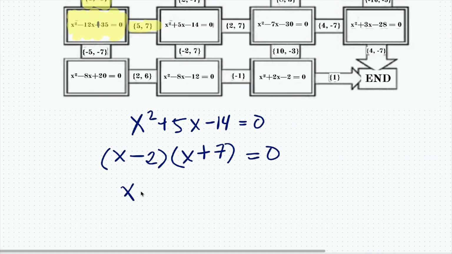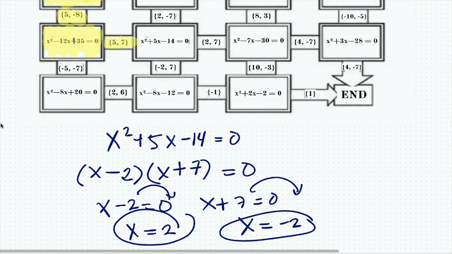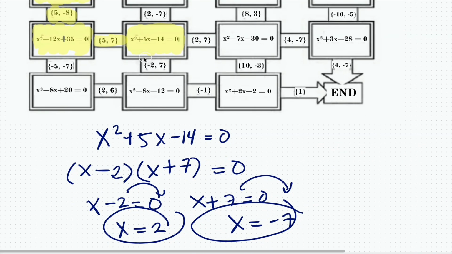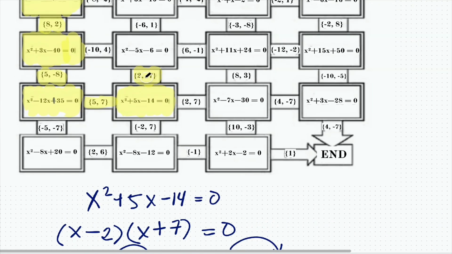So using the zero product rule, x minus 2 equals 0, x plus 7 equals 0, and then x equals positive 2, x equals negative... oh, not negative 2, it's negative 7. So the answer would be 2 and negative 7.